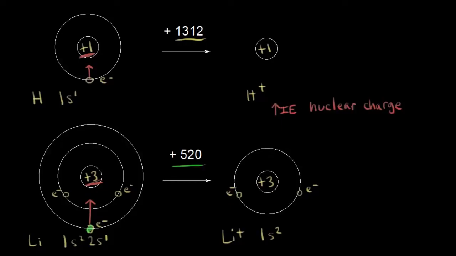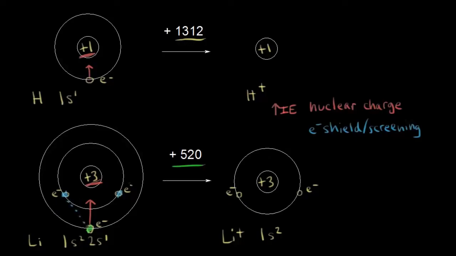All right, next let's talk about electron shielding. Electron shielding, or you could also call it electron screening. The idea of electron shielding is the inner shell electrons are going to shield the outer electrons from the positive charge of the nucleus. Let's look at lithium for an example of that. We have these two inner shell electrons, and they are going to repel the outer shell electron.